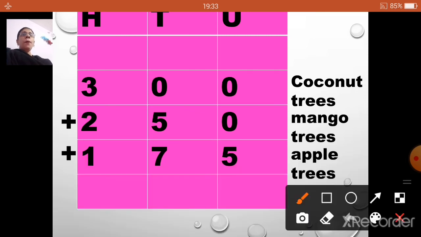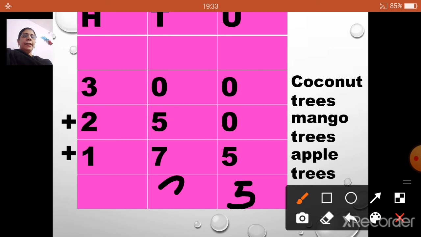So 0 plus 0 will be 0, and 0 plus 5 will be 5. Again, 0 plus 5 in the tens place is 5. 5 plus 7: after 7 add 5 more, 8, 9, 10, 11 and 12.